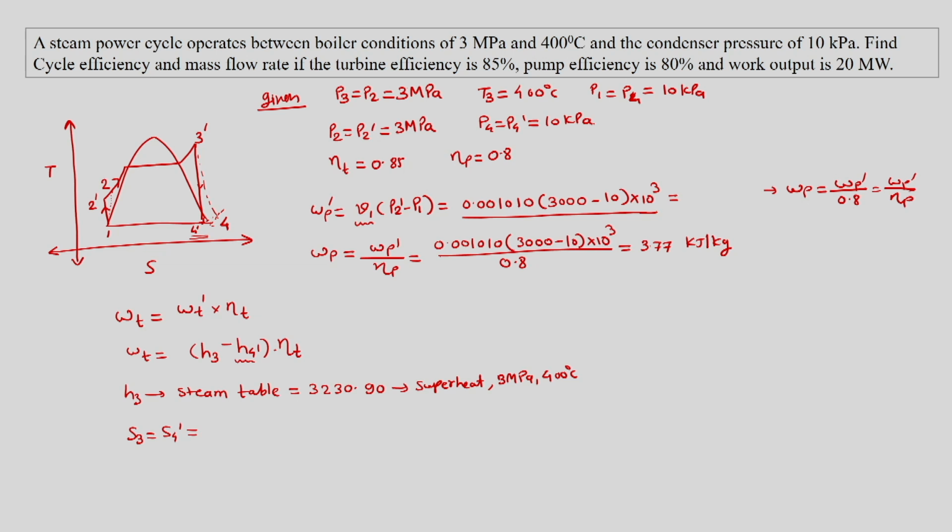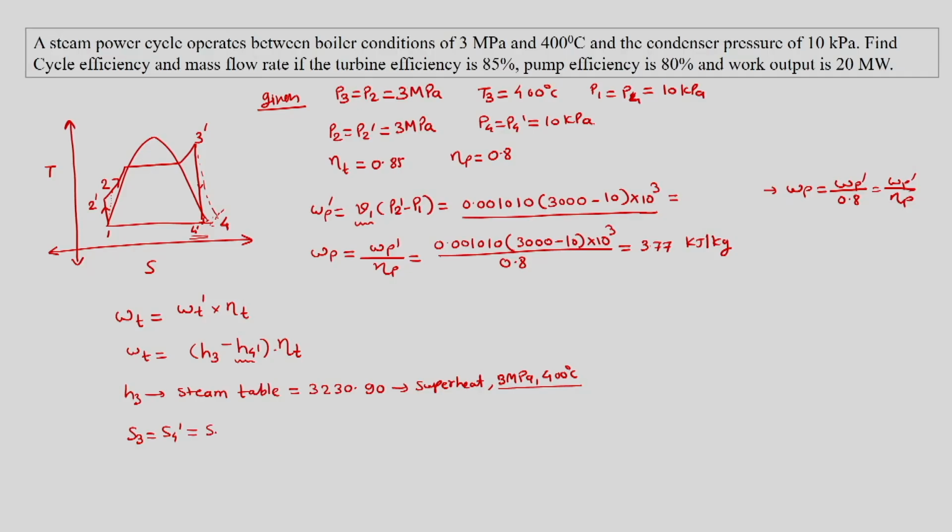So we need to find S3 from the steam table, corresponding to 3 megapascal and 400 degrees Celsius in the superheated part, and then we can write it as S1 plus X4 into SFG, where S1 is the entropy of saturated liquid corresponding to 10 kilopascal, and SFG is the latent entropy at 10 kilopascal pressure. Knowing this and knowing the left hand side, we can find X4, and X4 turns out to be around 0.83.